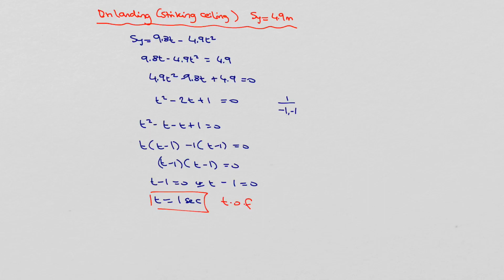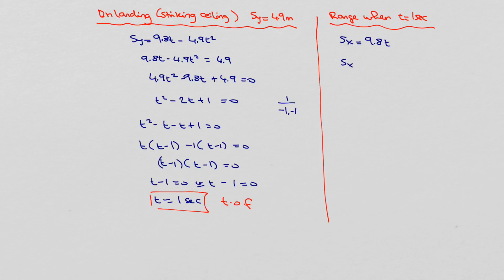So now I know that if I want to find the range, well, my range is when t is equal to 1 second, the time of flight. Now we saw already that s of x was equal to 9.8t, so therefore s of x is simply just 9.8 meters.